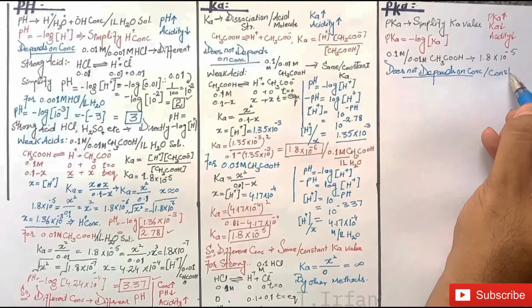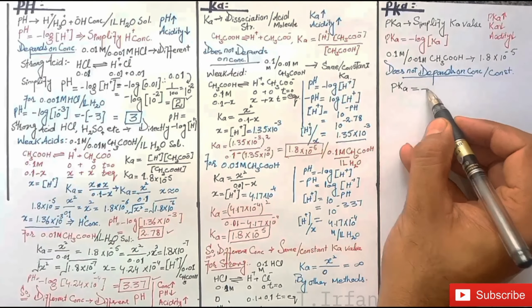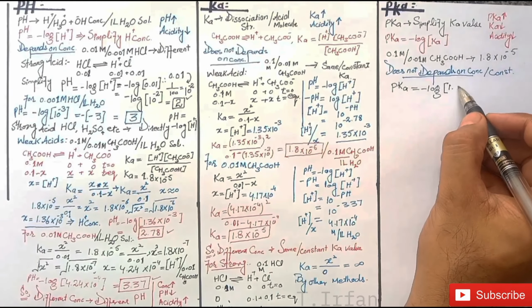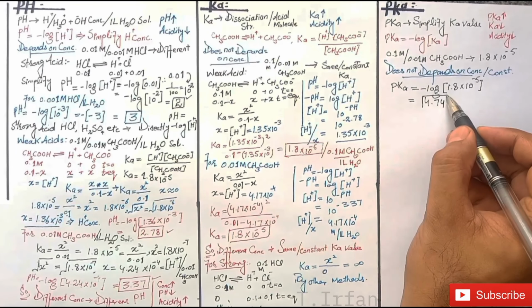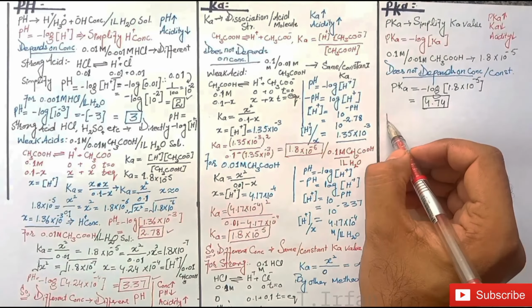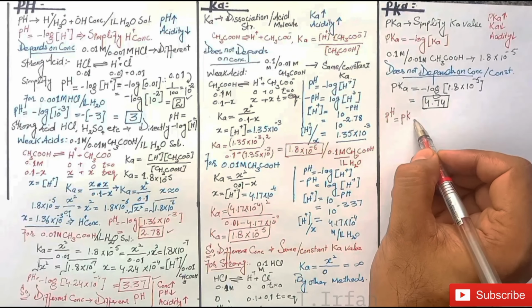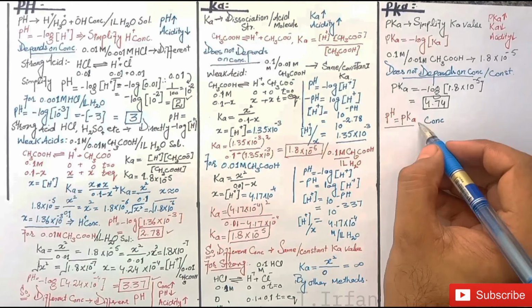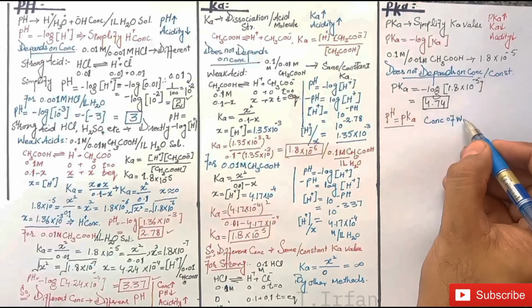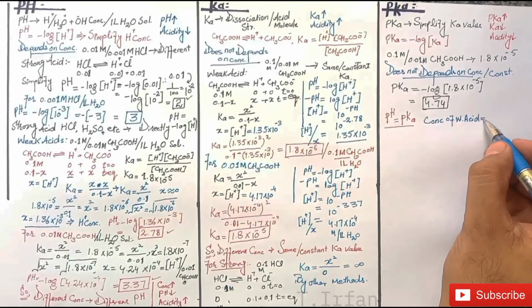For example, for acetic acid we can calculate the pK value by taking the negative log of the Ka value, which comes out 4.74. pH and pK values are different, but when the concentration of a weak acid and the concentration of the salt of that weak acid are equal, at that point pH and pK values are the same.